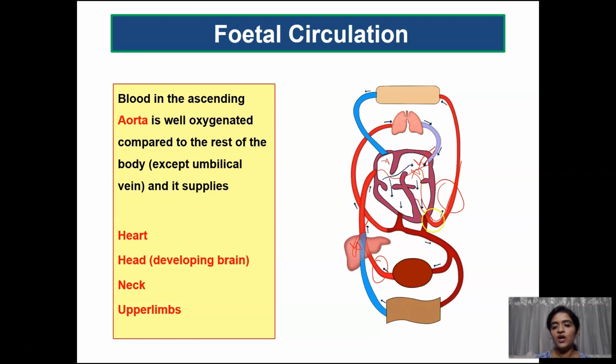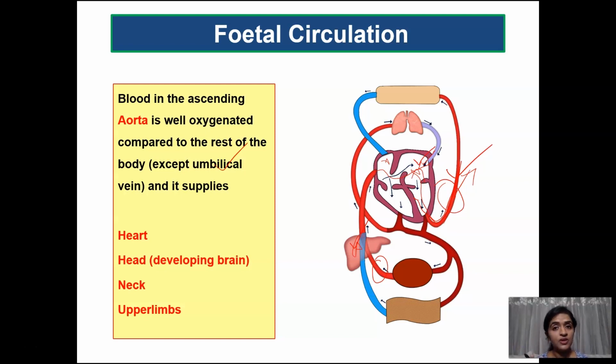That is the reason why the oxygenation status of the ascending aorta is not as high as that of the umbilical vein. But when you compare the remaining part of the fetal body, of course, the ascending aorta will have oxygenated blood.